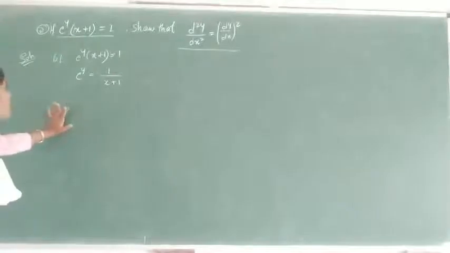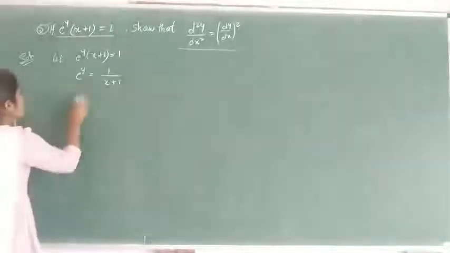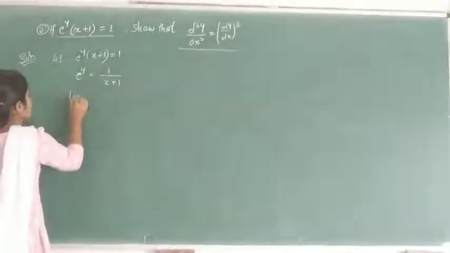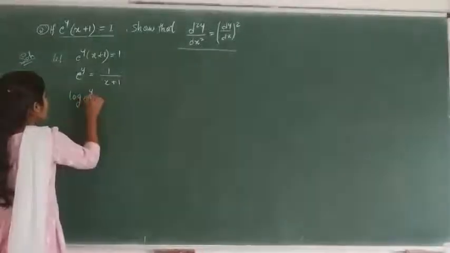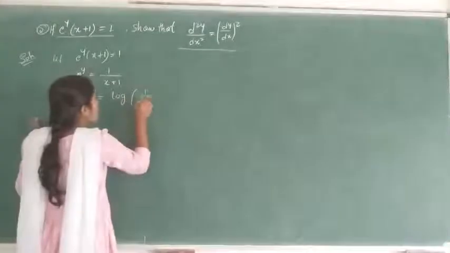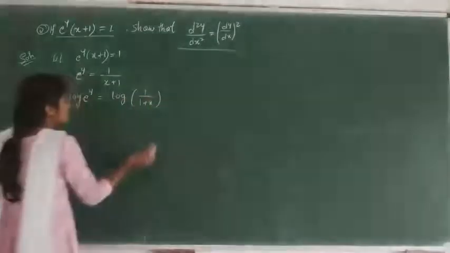So e power y is equal to 1 divided by x plus 1. So now see, if you apply log on both sides, what happens? Log e power y is equal to log of 1 divided by 1 plus x.